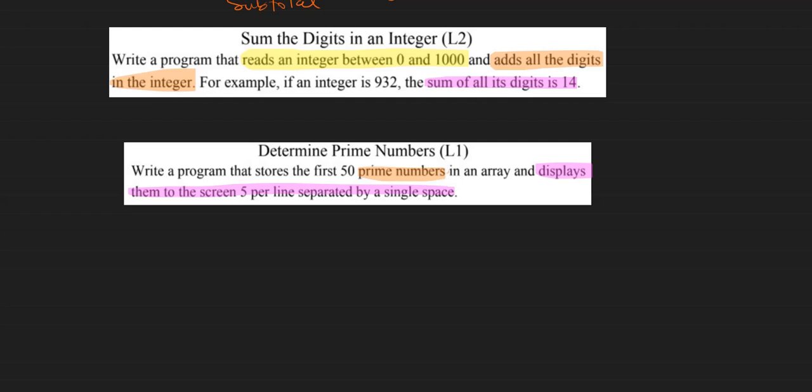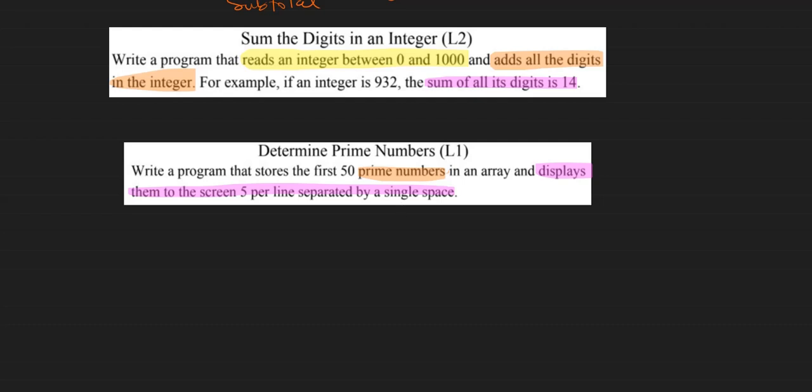And they tell you how they want that displayed. You don't have to state that you want to display them on the screen 5 per line. As I said, you don't want to state any conditions of how to display it. You just want to state what is to be displayed.